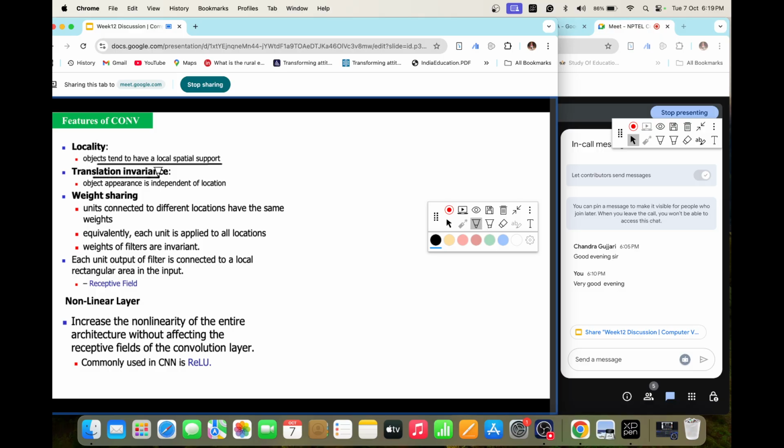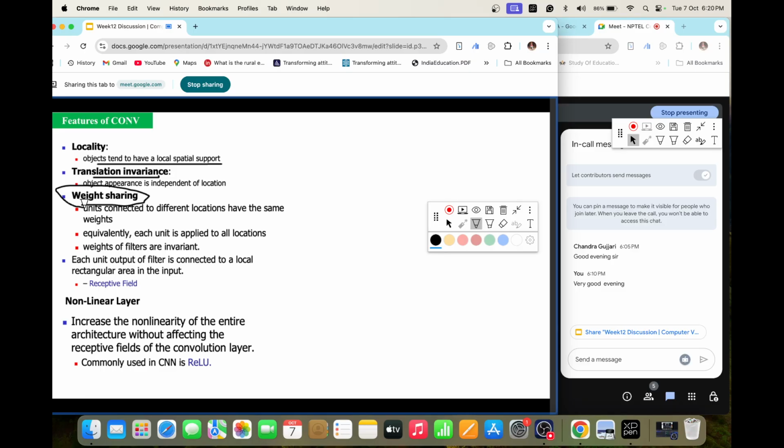Then translation and the rest you can just read in the theory, I am not discussing it, but this is important: weight sharing. In a simple neural network, you can have different weights for different neurons. In the 10th week you can check the numerical I have discussed, which has different weights for different neurons.